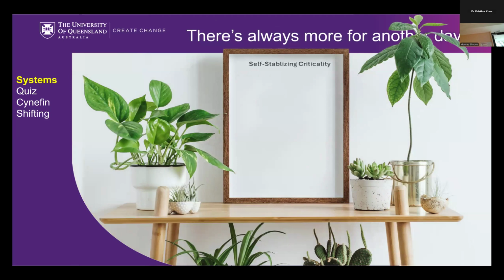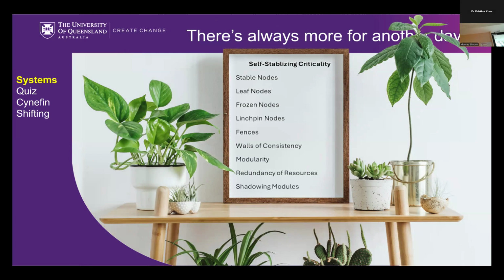All right, so I haven't got time to go into this, but the point is there's a whole bunch more literature on all of this stuff. These are some of the things that we talk about for those who really nerd out on complex adaptive systems and what we refer to as self-stabilizing influences. These are the types of things within a system that will influence.